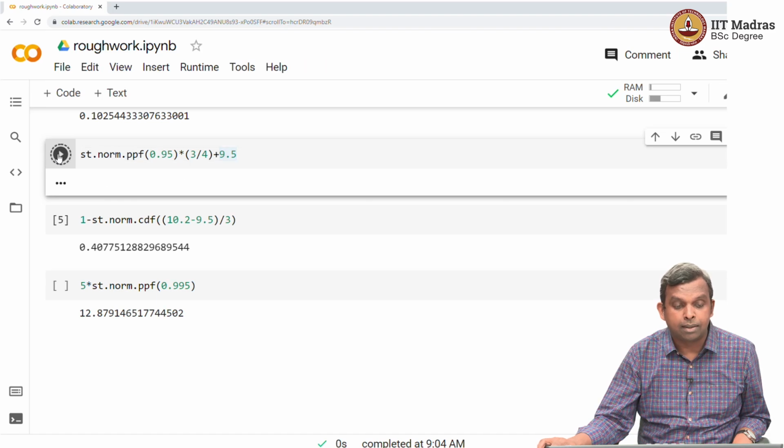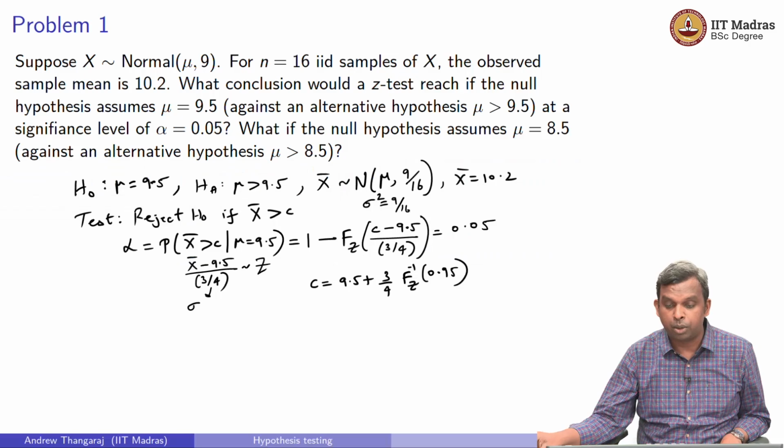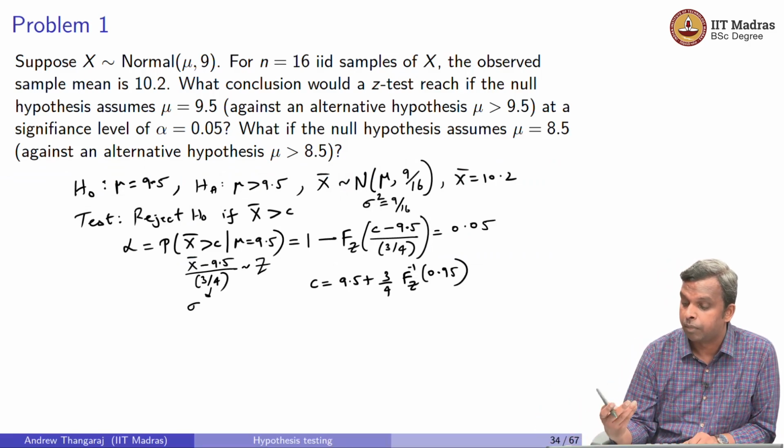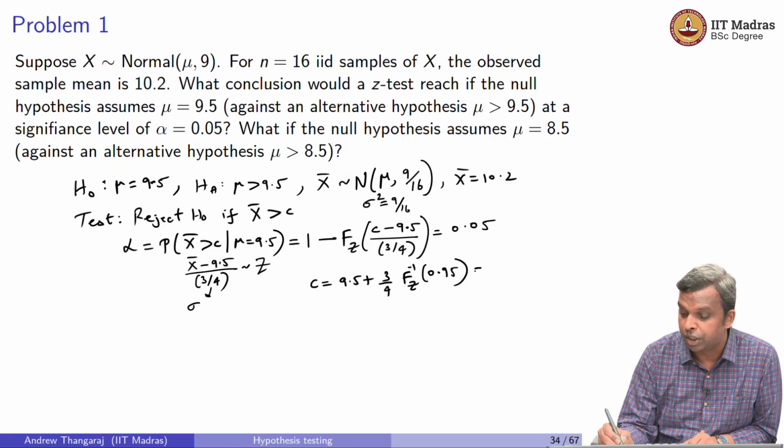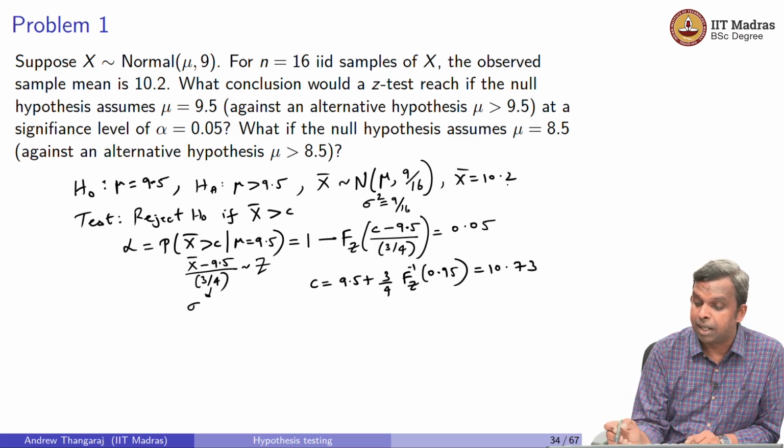If you run this, you get 10.73. So that's the value of the threshold. What are you going to do with the test? X bar is 10.2, which is less than this, so you're going to accept H naught with the z-test at alpha equals 0.05.